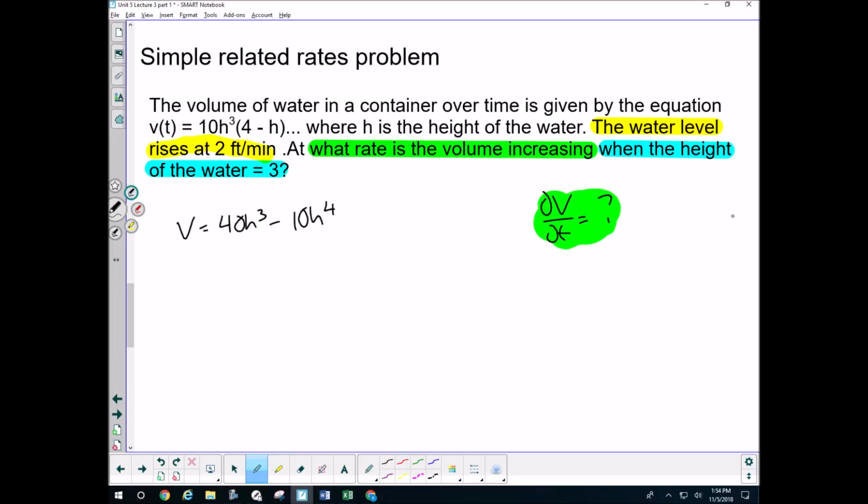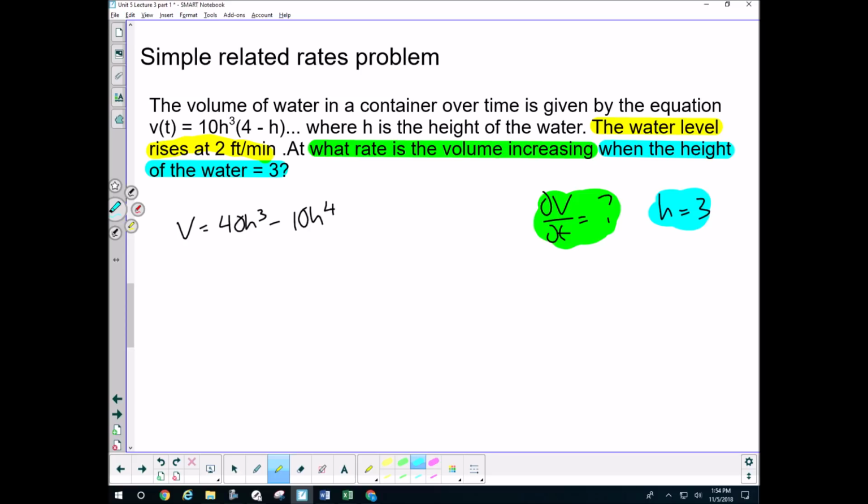When the height of the water is 3, h is 3. That's the blue guy. The water level rises at 2 feet per minute. Sometimes it's important to see what we're given. We're given h and v in our formula. H is the height of the water. We're told that the water level is rising.